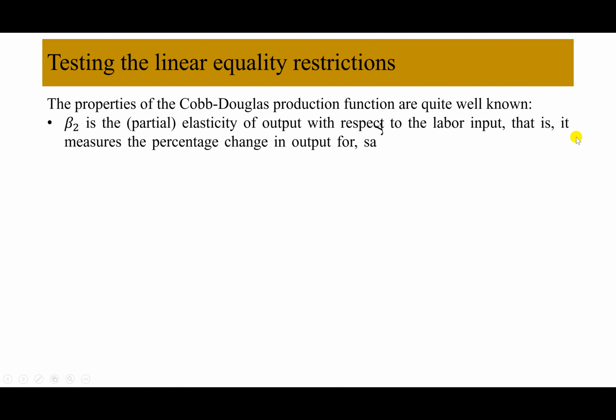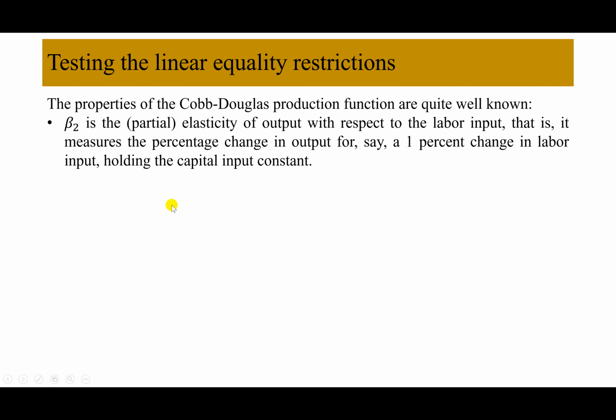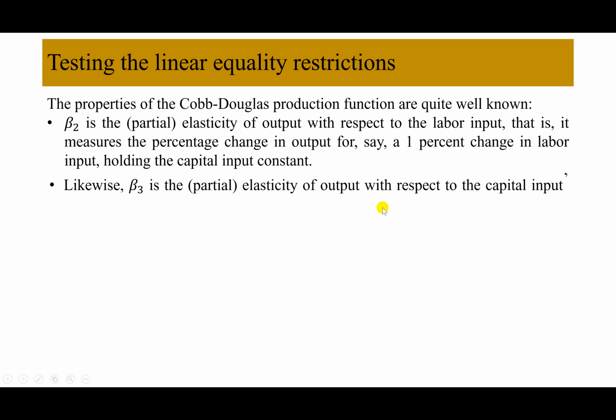That is, it measures the percentage change in output for, say, a 1% change in labor input, holding the capital input constant. Likewise, beta 3 is the partial elasticity of output with respect to the capital input, holding the labor input constant.